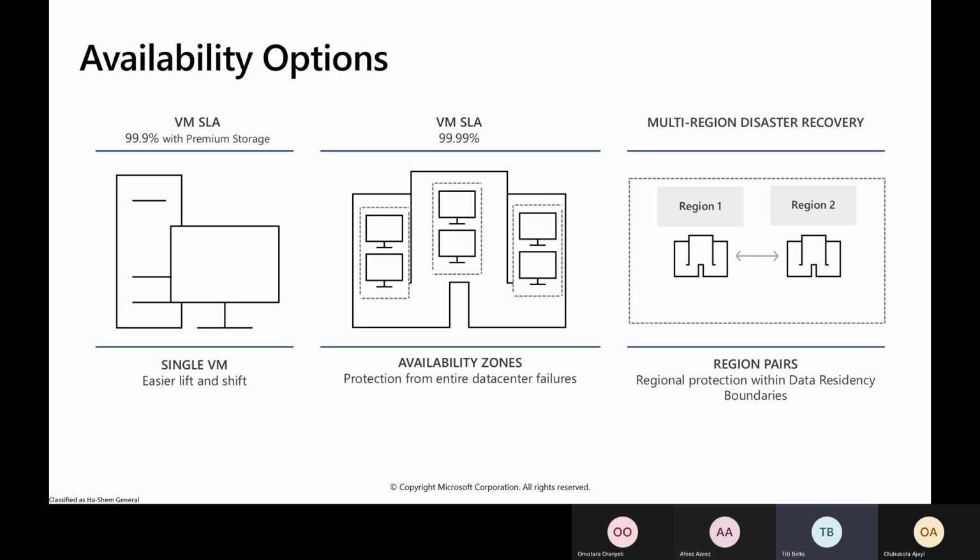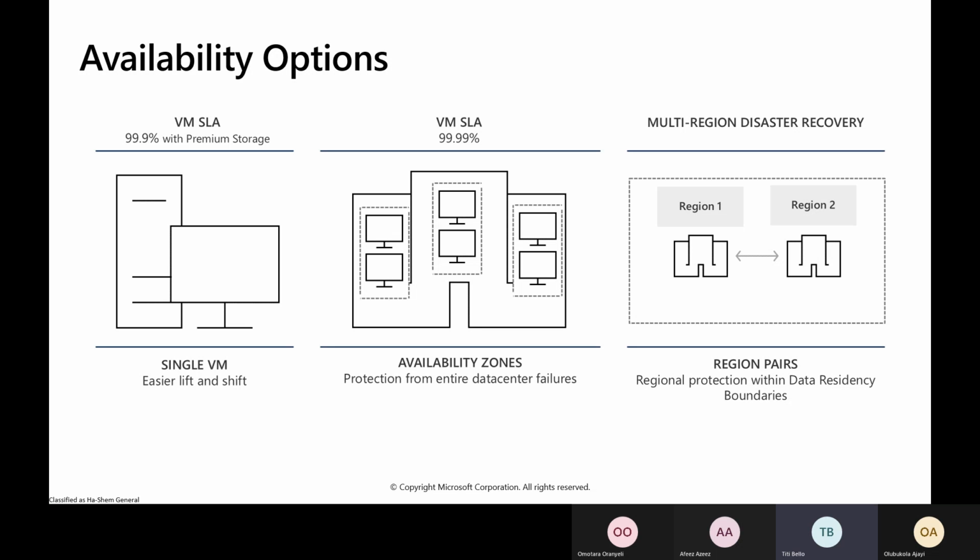So it depends. Based on the option you choose when you're setting up your resources in Azure, it also determines the SLA, the backing SLA that goes along with it. And the different services in Azure have different SLAs available.